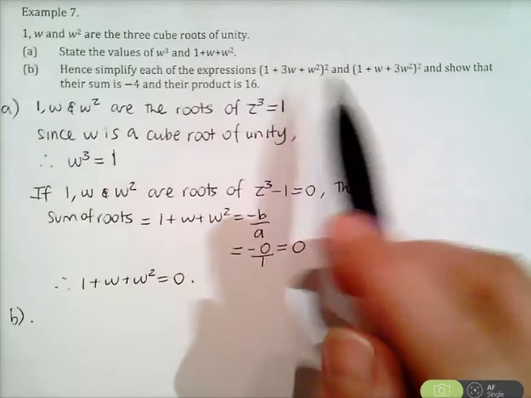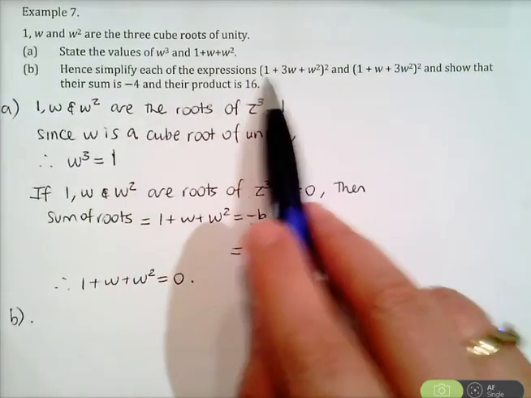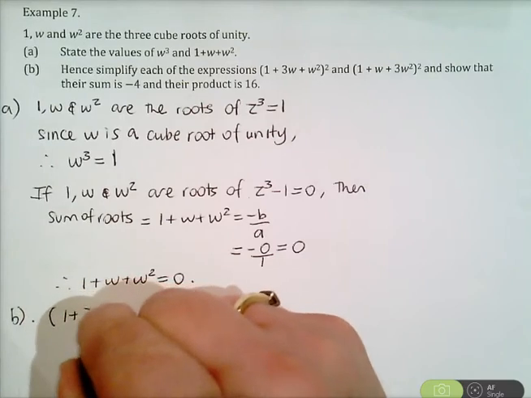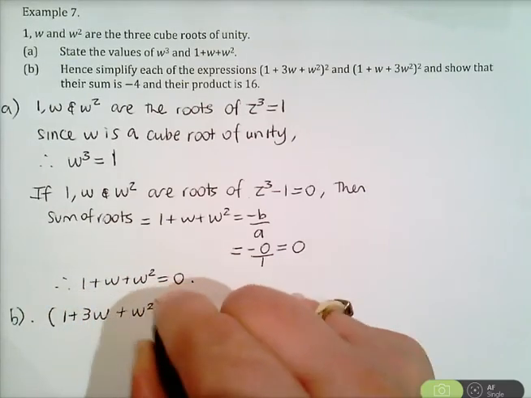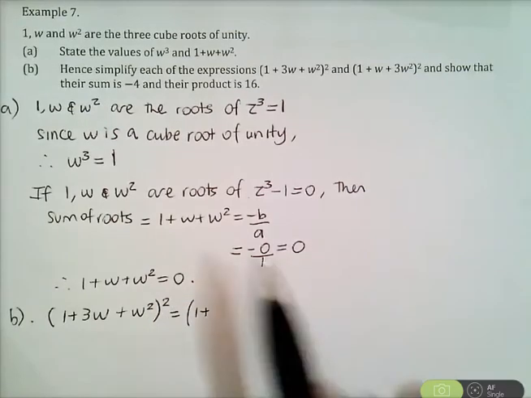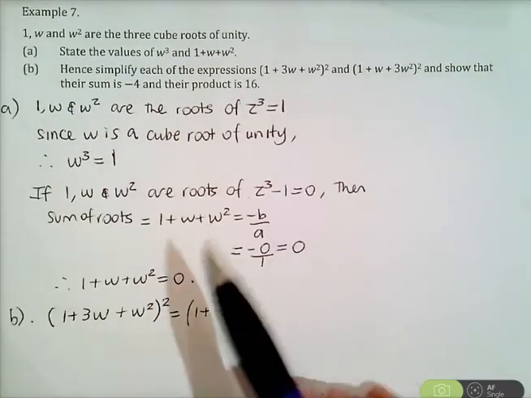Now, for part B. We're trying to simplify these expressions. Looking at the first one, 1 plus 3w plus w squared, all squared, remember we're just going to try and use combinations of what we've got up here.